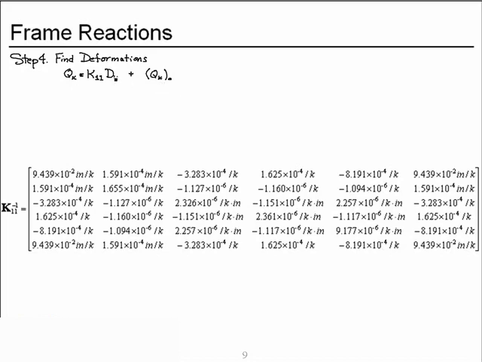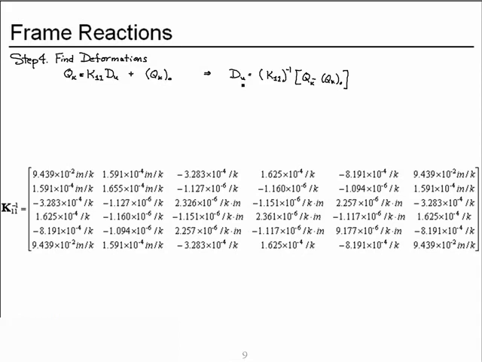Now to solve this for our unknown deformations, symbolically, we have the following matrix operations. We subtract the fixed end forces from the applied forces at the unconstrained degrees of freedom, and that makes a new vector. We pre-multiply it by the inverse of the K11 matrix, and we get our unknown deformations.